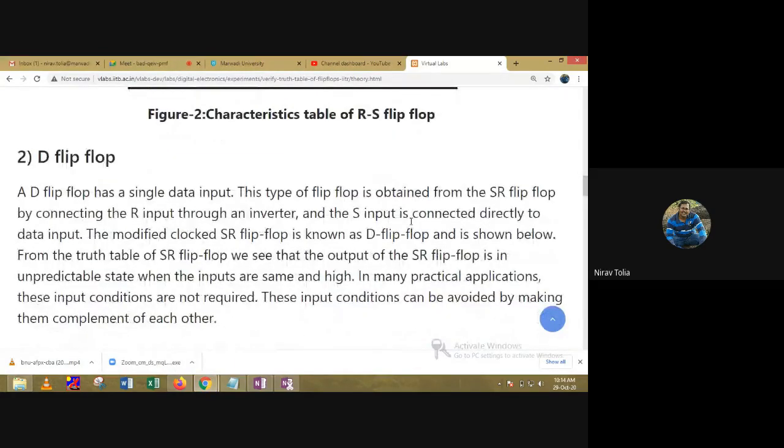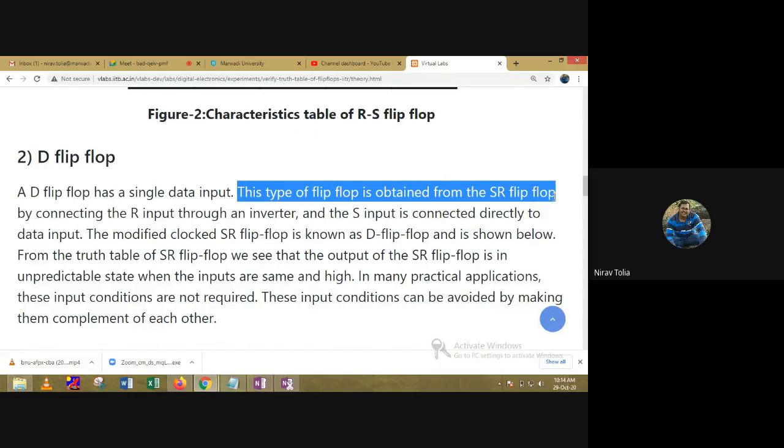Now see here, what is D flip-flop? D means data. D flip-flop has a single data input, so we have only one input. This type of flip-flop is obtained from the SR flip-flop. How do we obtain the D flip-flop from the SR flip-flop?